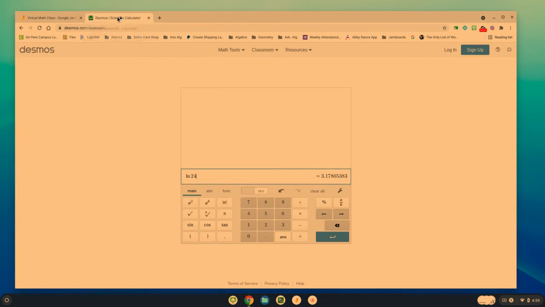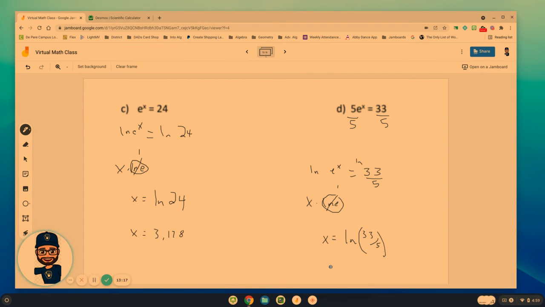Let's figure out what that is: 1.887. And hopefully you can see the process in a lot of these is very similar. It's being repeated over and over again.